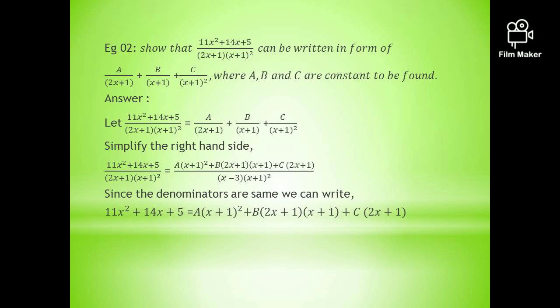Hopefully, how to obtain this expression I have explained in the previous two examples. Now, if you are quite familiar with these sections, then since the denominators are the same, you can simply write 11x squared plus 14x plus 5 equals A times (x plus 1) squared plus B times (2x plus 1)(x plus 1) plus C times (2x plus 1).